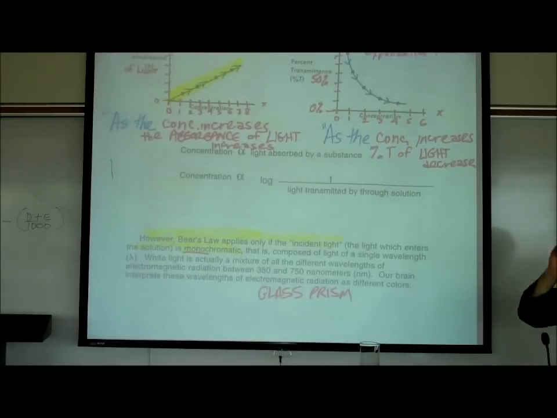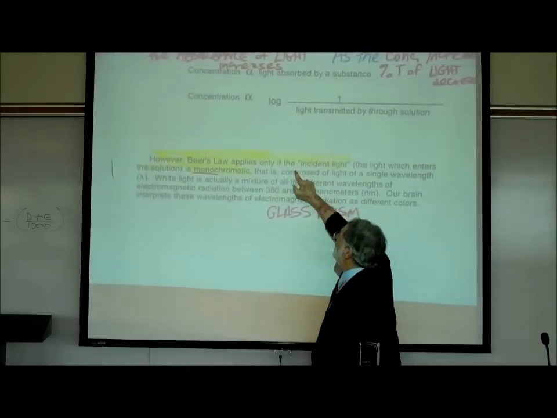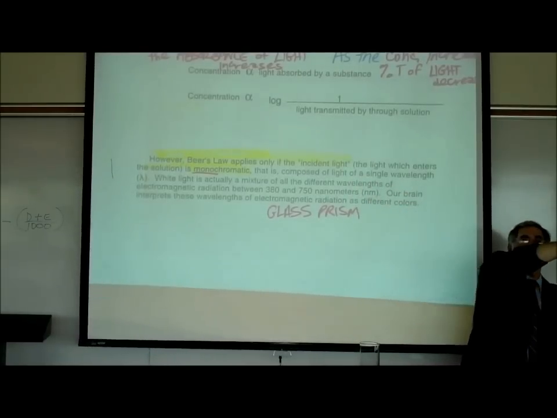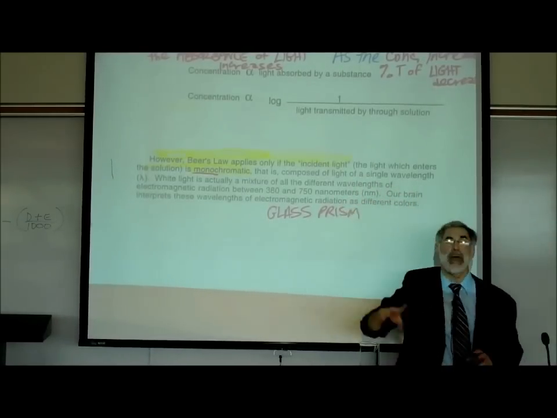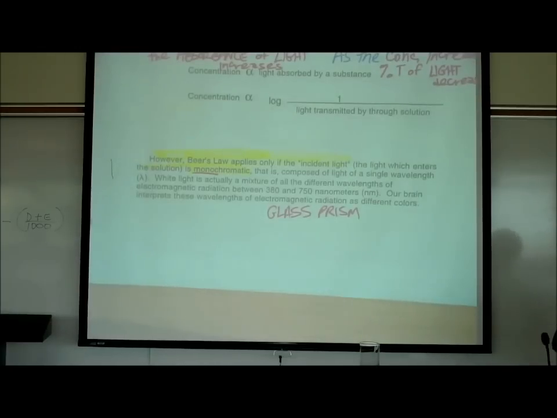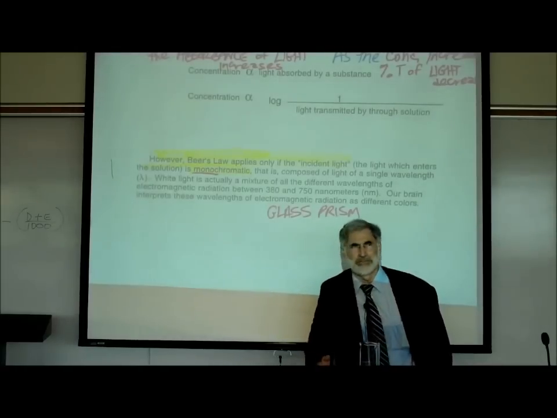Now, there's one caveat. Caveat means condition. What's the condition? Right here. Beer's law only applies if the light going through the solution is monochromatic. What does that mean? It has to be of a single wavelength. Now you might say, well, what do you mean?